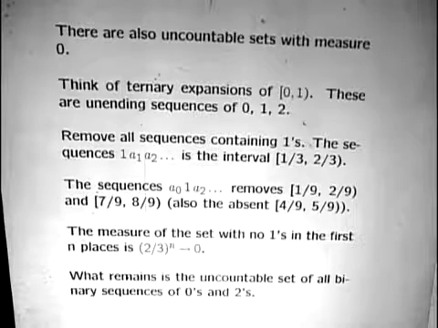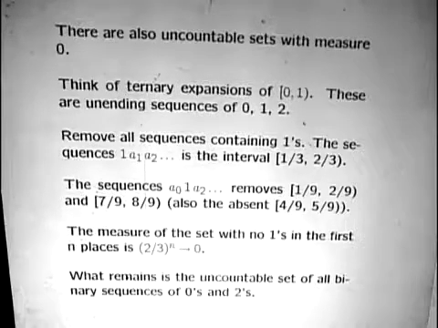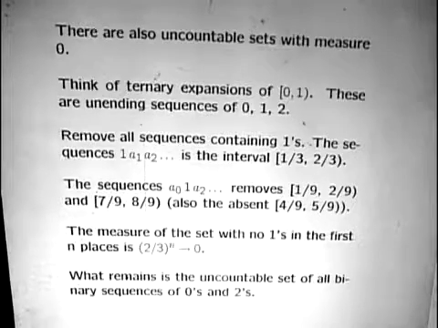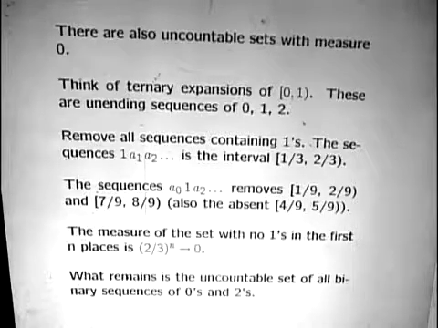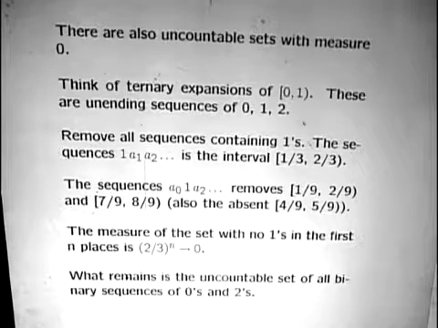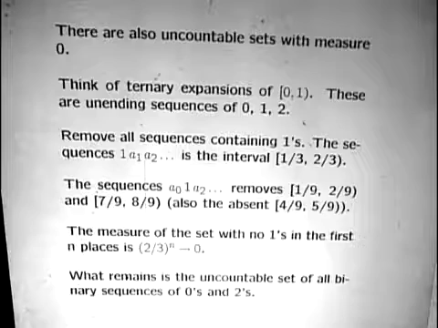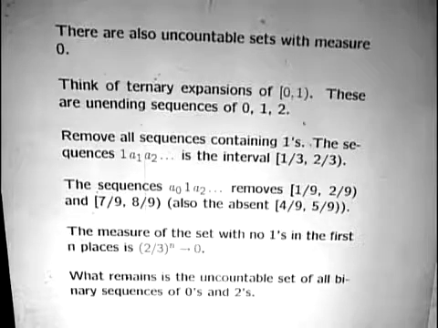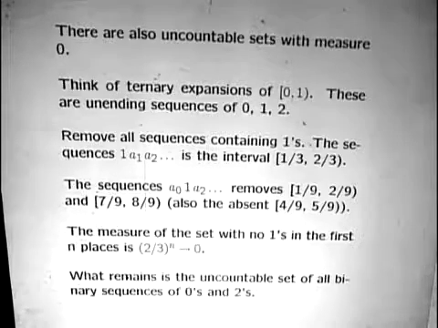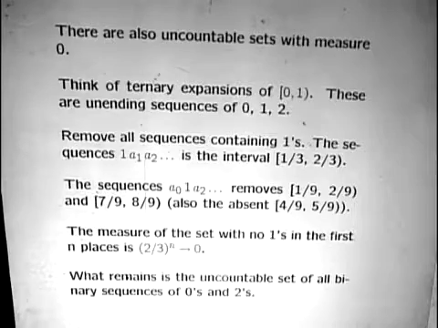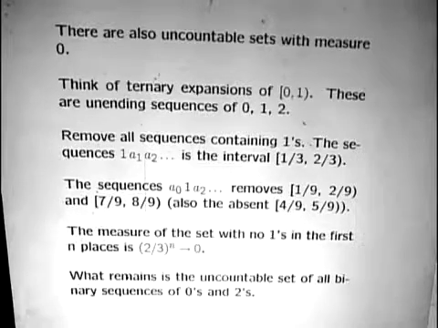So what I'd like to do, and this is already familiar to you, I can take numbers between 0 and 1, and I can represent them in a binary expansion. I can also represent them in a ternary expansion. I can also represent them in a decimal expansion, which is what you've been doing since you were 3 years old, or 5 years old, or whenever you started doing this. Well, ternary is simpler than decimal. So you could have done this a year before you started to deal with decimal expansions.